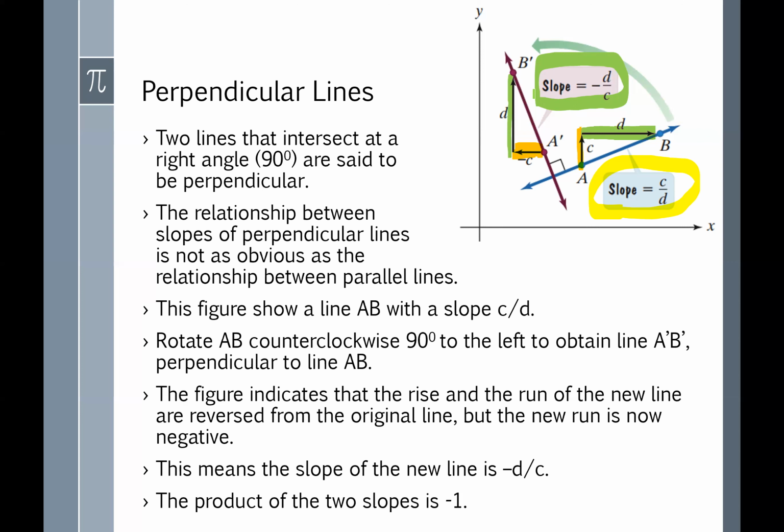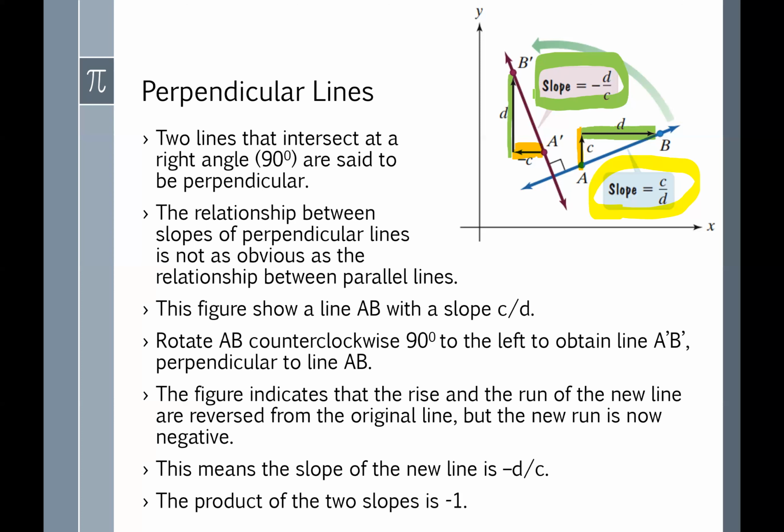So the original slope was positive C over D. The slope of a line perpendicular to it is negative D over C. So to find the slope of a line perpendicular to a given line, you take the slope of the line you are given, you find the reciprocal by flipping it over, and you change its sign.